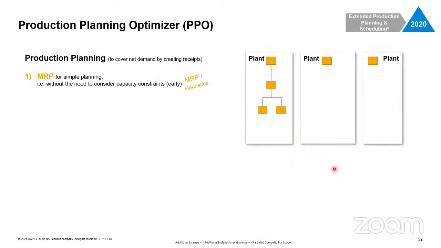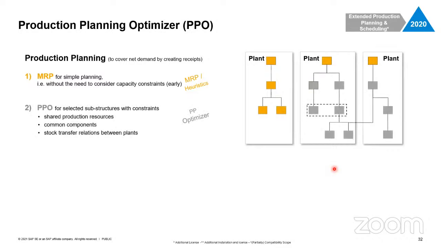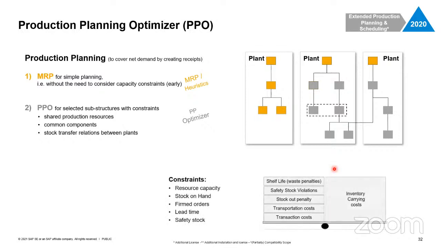And also the production planning optimizer is a part of the 2020 release. It gives you the benefit to work with the constraints which originate from challenges related to resource capacity or stock on hand. You have to work with the firm order, lead time, safety stock.